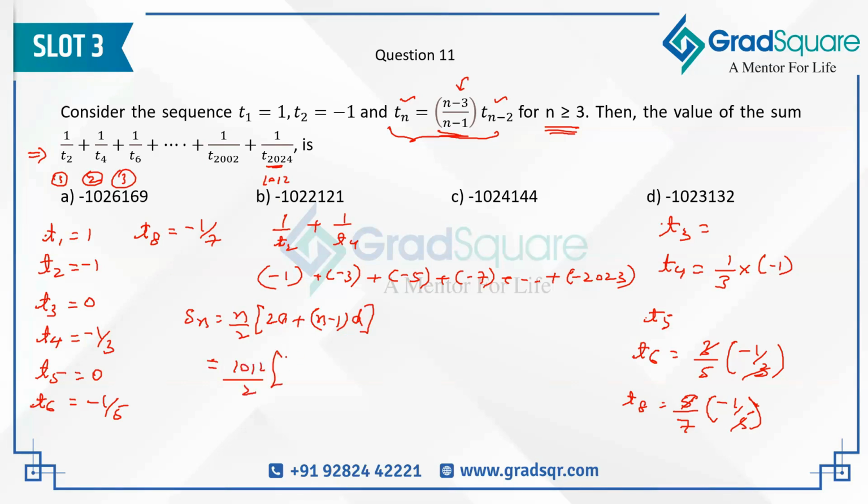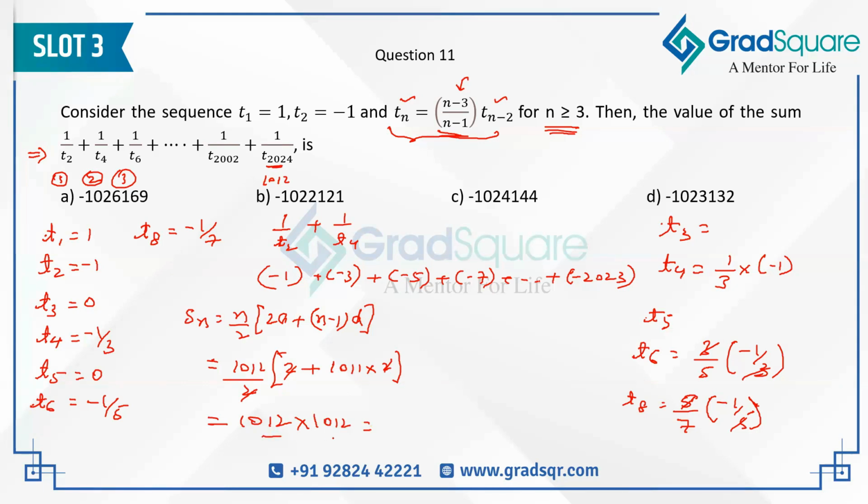Twice a, where the first term is 1, so this becomes 2. I'm forgetting the minus at the moment, because I'll put the minus at the end. Plus n minus 1, and since I'm looking at 1012 terms, it becomes 1011, multiplied by the common difference of 2. This 2 will get cancelled with that. So what are we left with? We are left with 1012 multiplied by 1012.